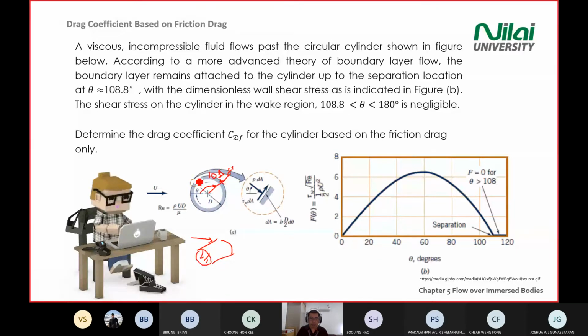If you measure from 0 degrees up to 120, this is the data you collect from the experiment. Separation on the object is identified when there is no force you can measure. If you look at any graph and see a straight line, or zero force on the surface, it means separation happened.